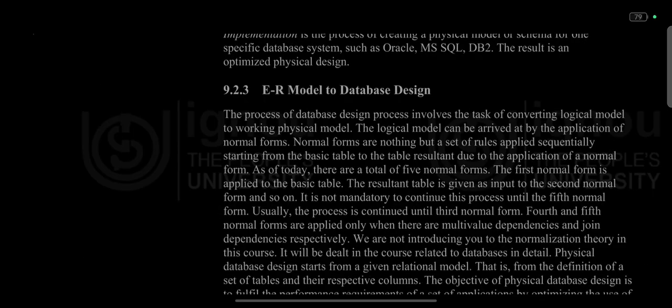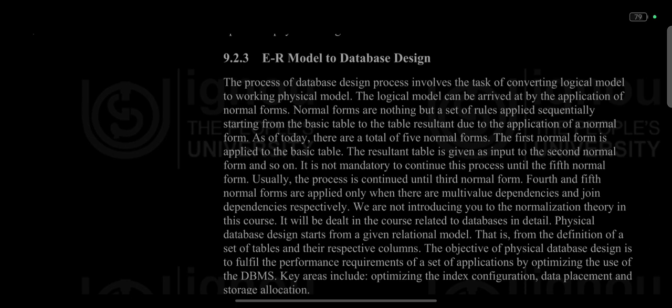Model to database design. The database design process involves the task of converting the logical model to a working physical model. The logical model can be arrived at by the application of normal forms.